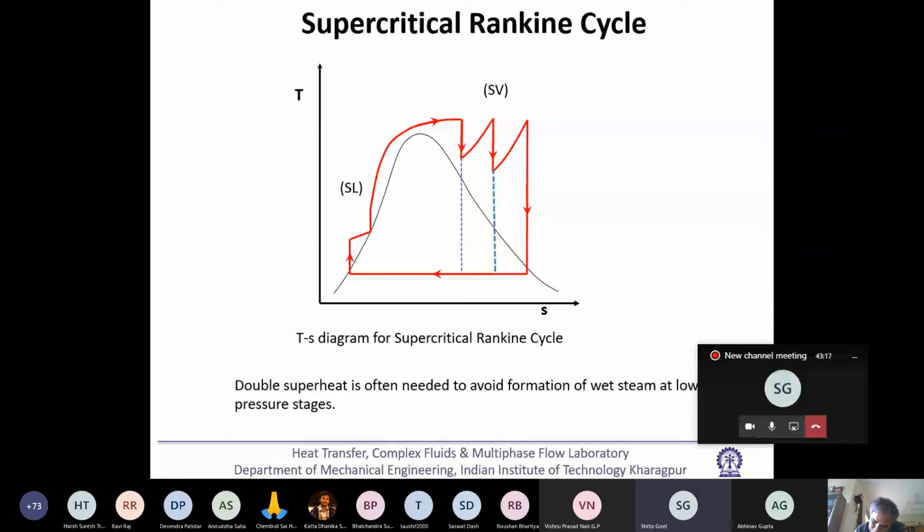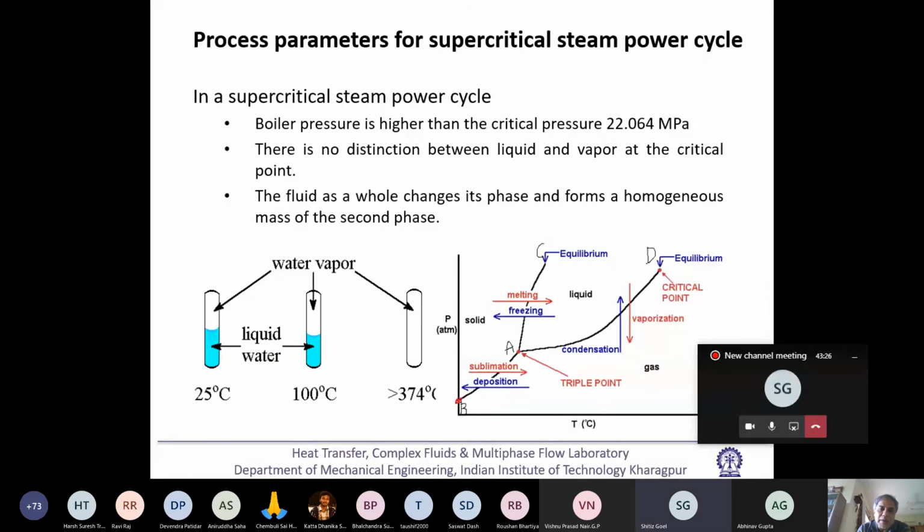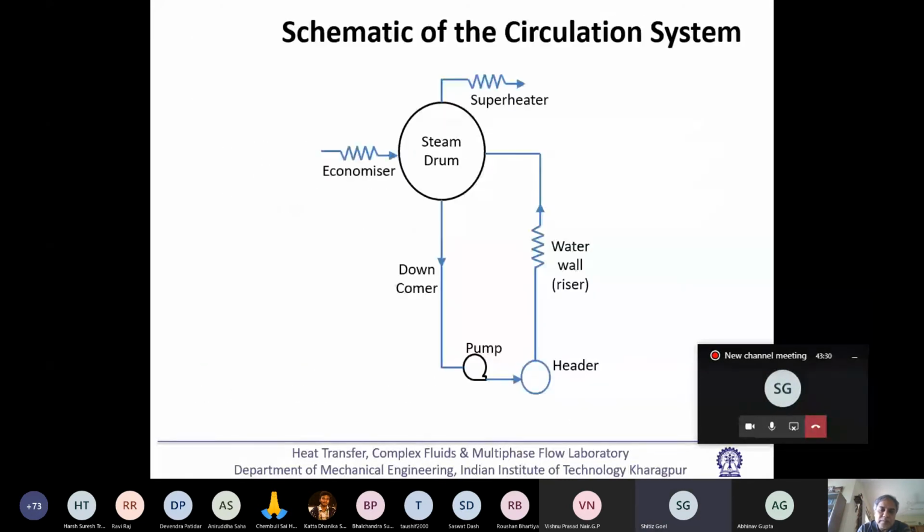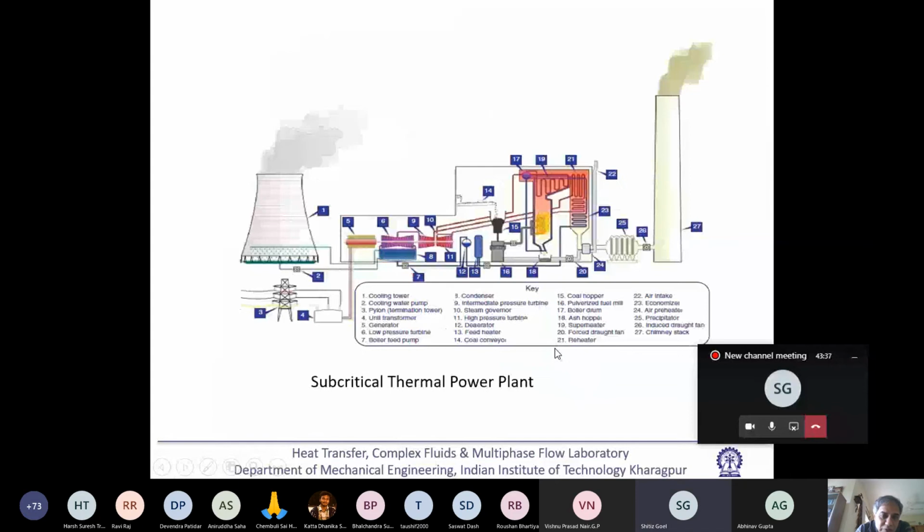Sir, what is the use of this header in this water wall? Before this water wall, we have this header. Yes, here there is a header, and here also there will be some header which is not visible.